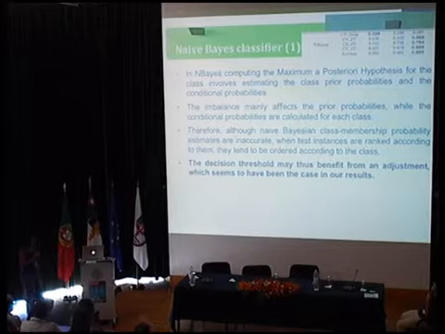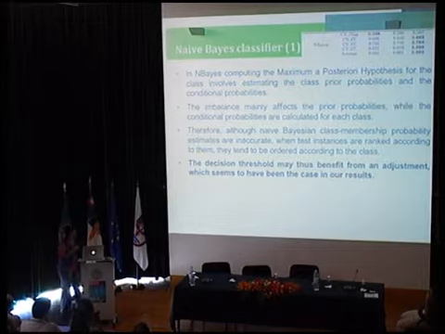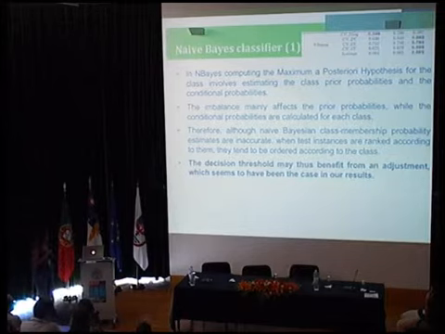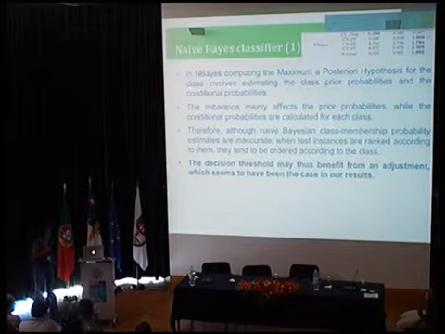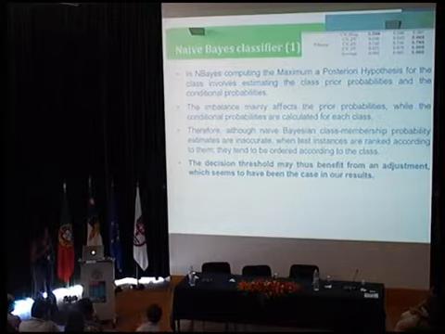And so although these naive Bayesian class membership probability estimates are inaccurate, when test instances are ranked according to them, they tend to be ordered according to the class. So the decision threshold made us benefit from an adjustment, and we have seen that in our results.